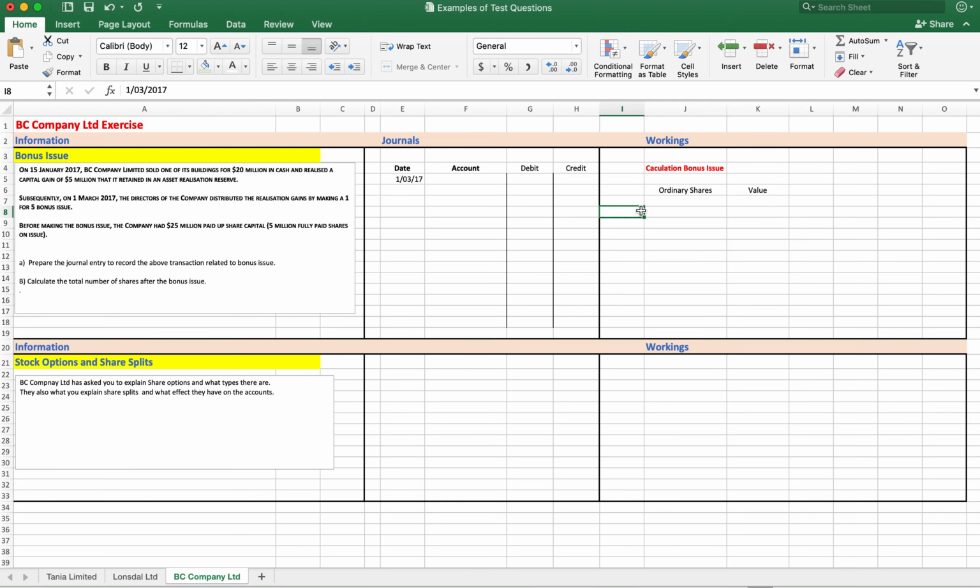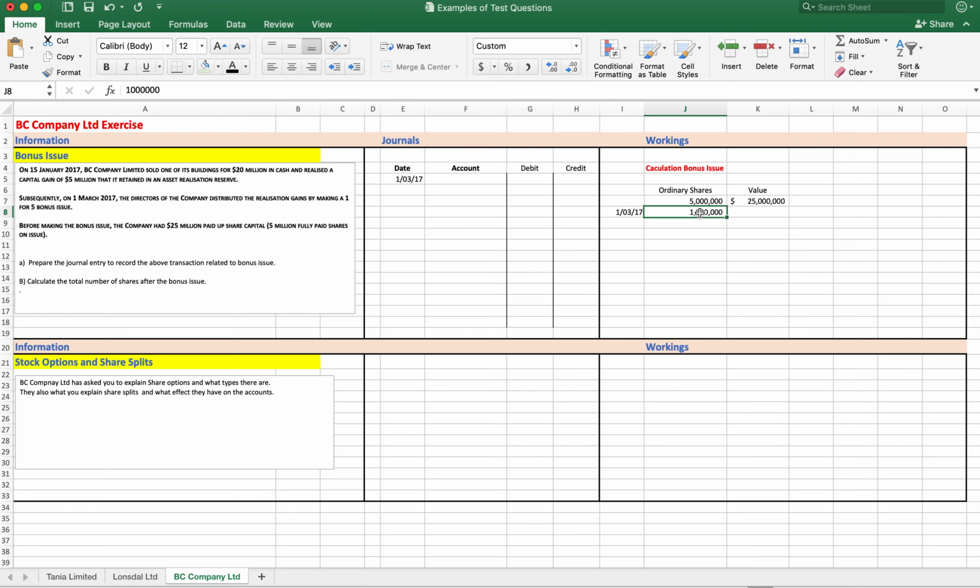Okay, so let's start with the current scenario. What have we got? We have 5 million fully paid shares. They're worth 25 mil, so that's good. Then we're going to issue 1-for-5. So on the 1st of March, we're going to issue 1 share for every 5 there is.